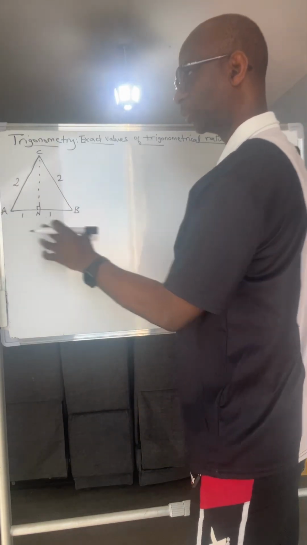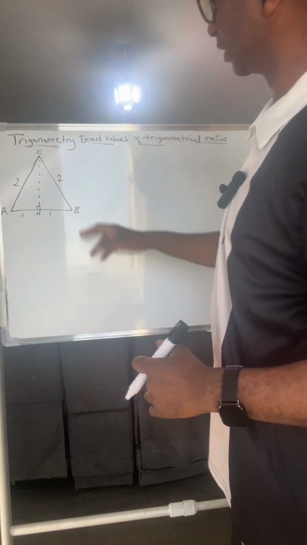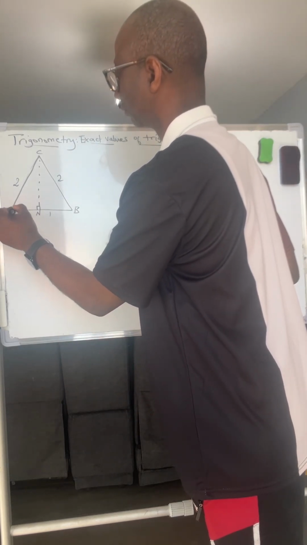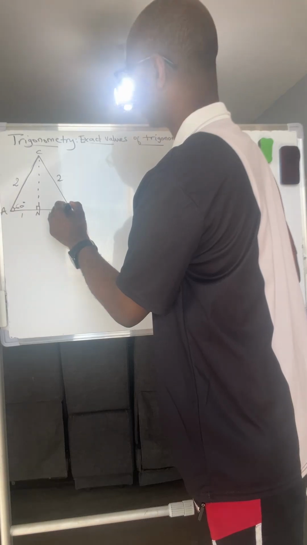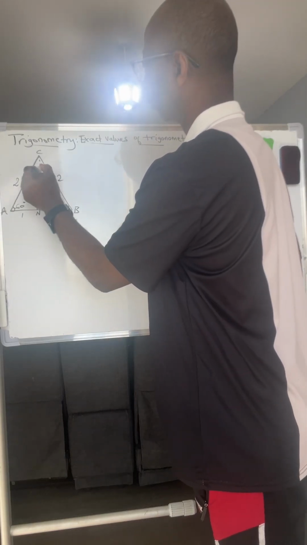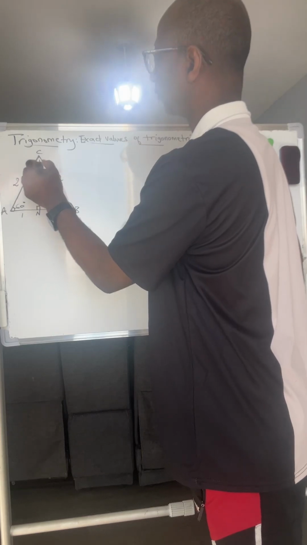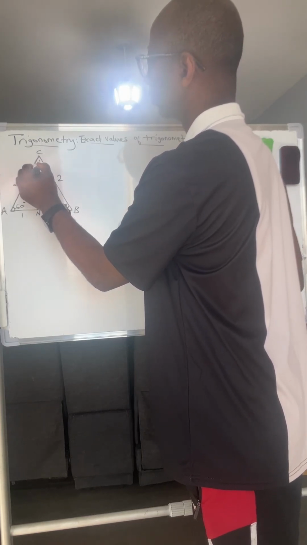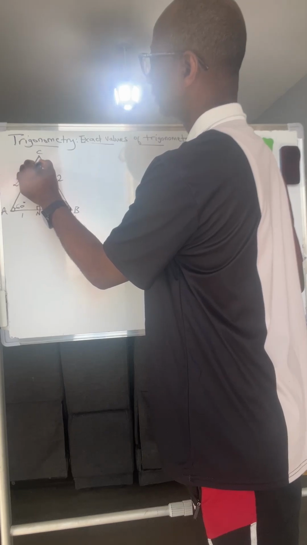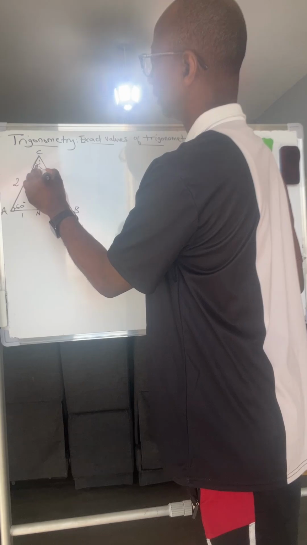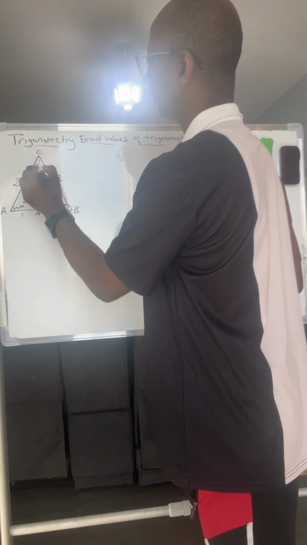So if the sum is 180 degrees, it means we have 60 degrees here and 60 degrees here. The whole of this is 60 degrees, but because we have drawn a perpendicular line, this one now is going to be 30 degrees, and this one here will also be 30 degrees.